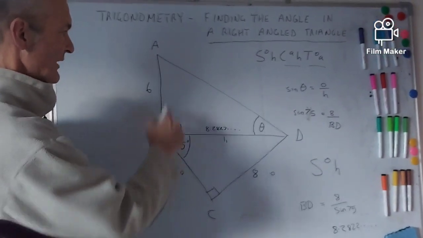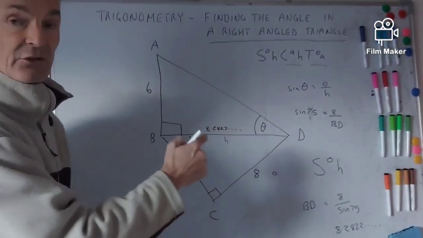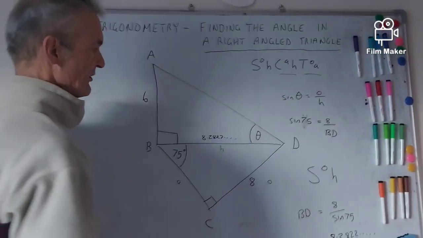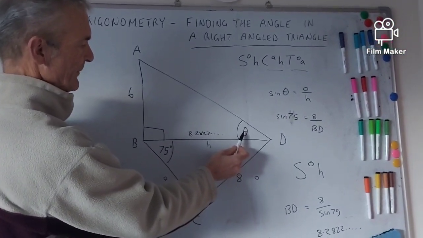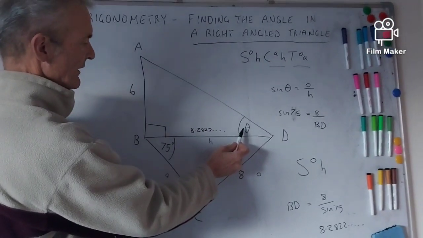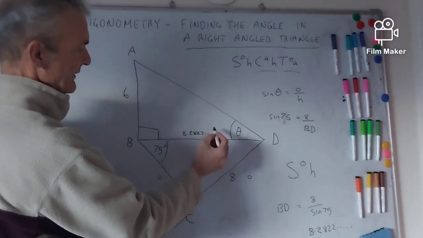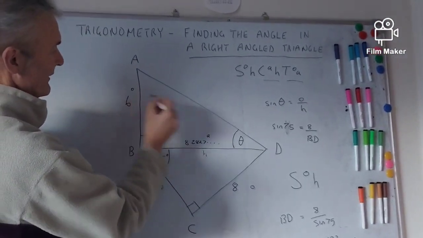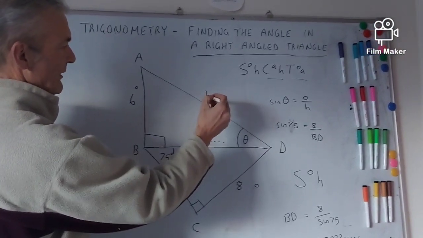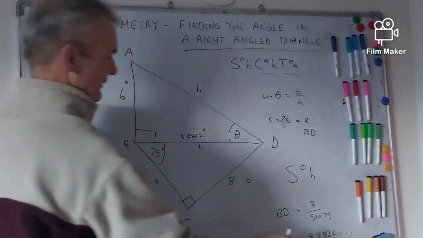So now we can look at triangle ABD and try and work out the angle over here, which is what we're trying to do. So let's have a look what we've got in relation to this one. We've got an angle here, we've got an adjacent, and we've got an opposite. So this is the hypotenuse, and we don't want the hypotenuse.